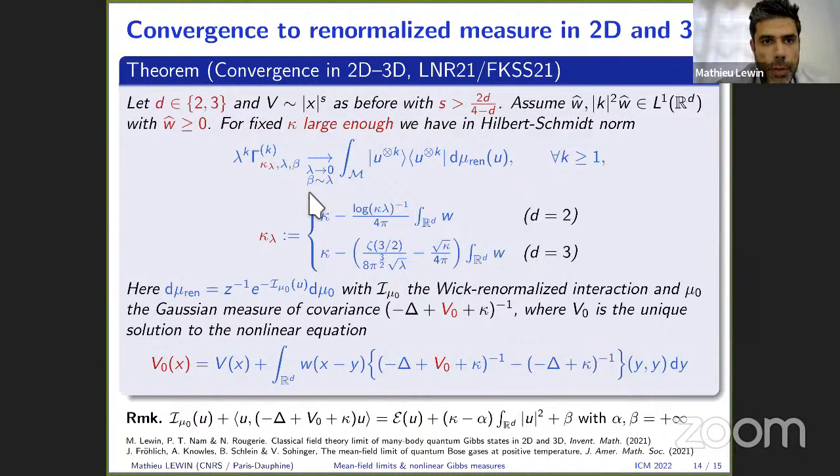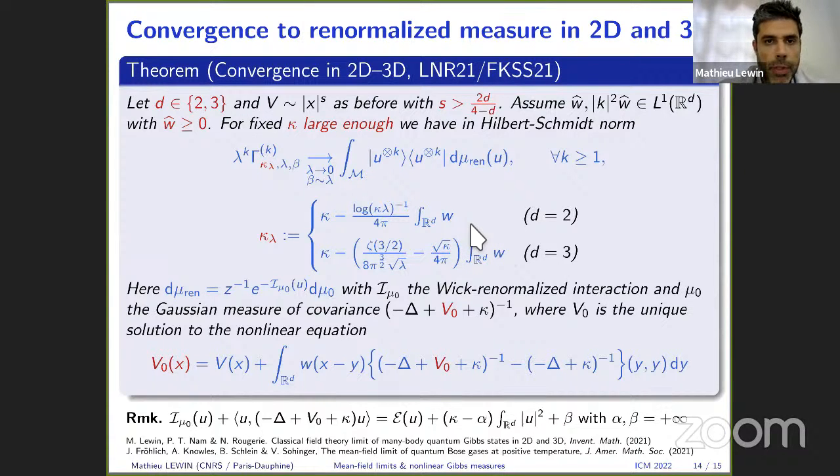So one big difference, of course, is that we have to do something at the level of the quantum problem. And one big difference is that we now have to move the parameter kappa. And kappa has to depend on lambda in this explicit way, which is written here. Okay, so it has to be the fixed kappa that we want, and then minus a correction which actually diverges. So kappa lambda now diverges to minus infinity, and you see it diverges in a universal way, a way which depends on kappa in an explicit way and depends on W in an explicit way.